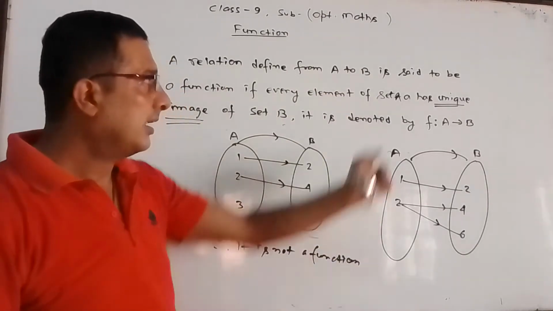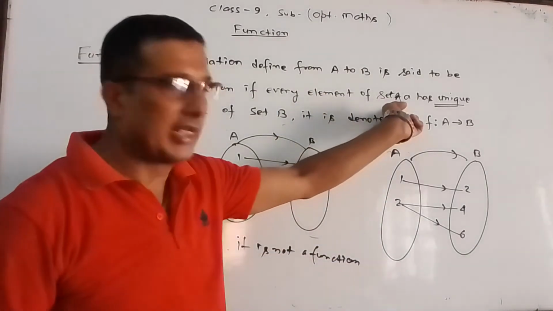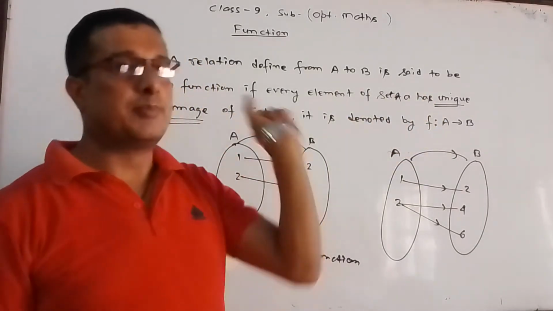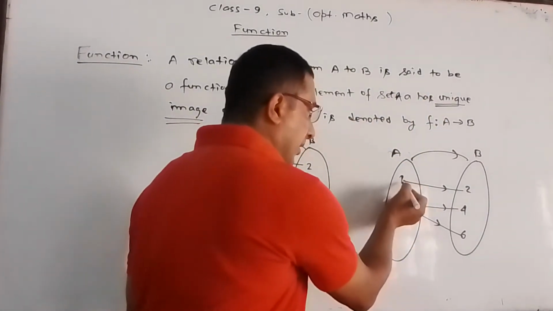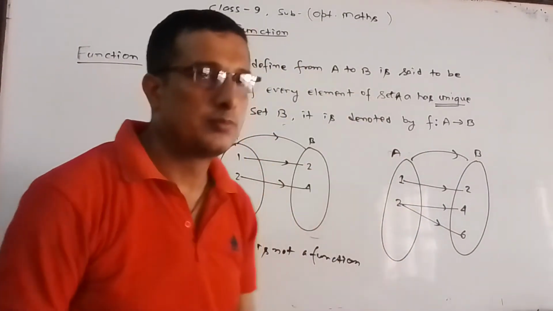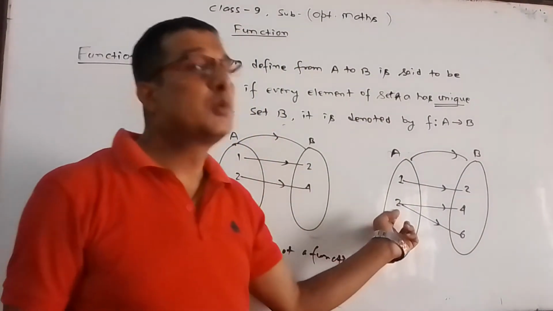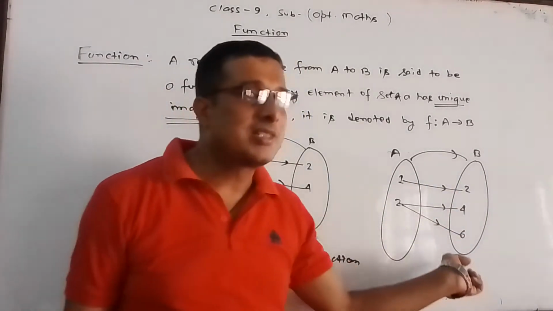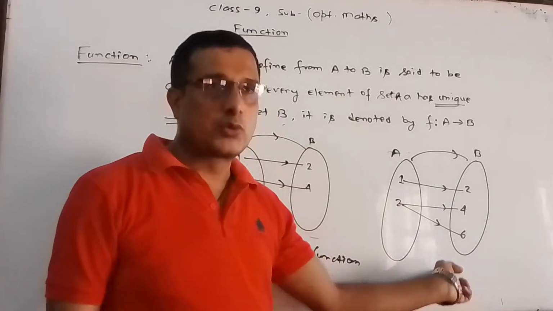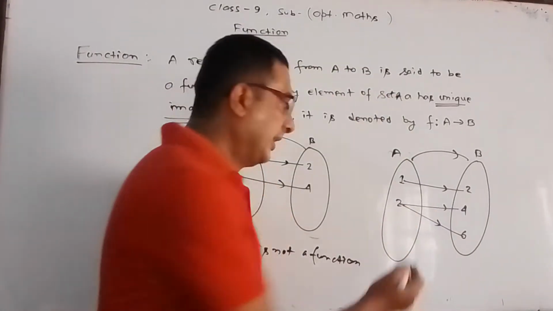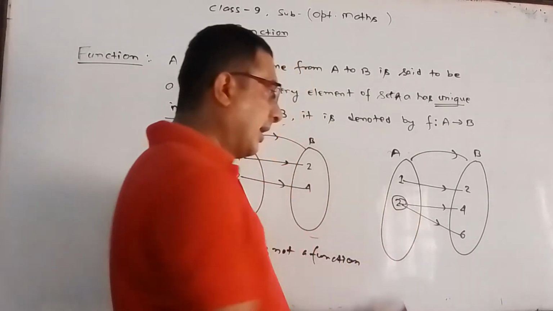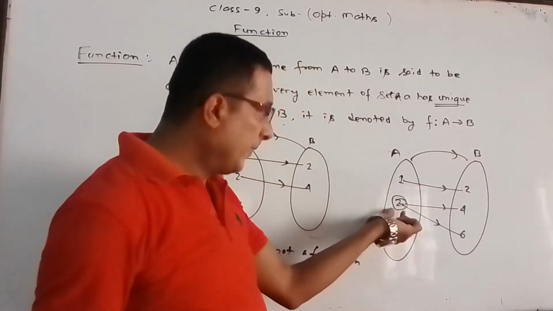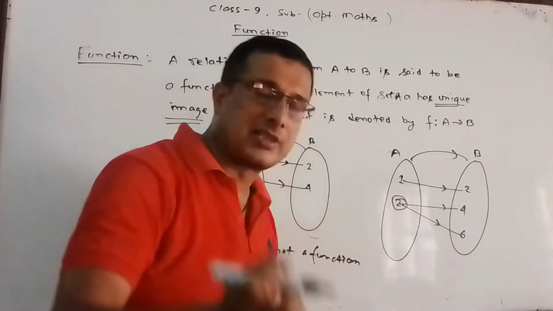According to the definition, every element of set A has a unique image in set B. So the image of 1 is 2, the image of 2 is 4, and again the image of 2 is 6. So it is not possible. According to our arrow diagram, the image of 2 is 4 as well as 6.